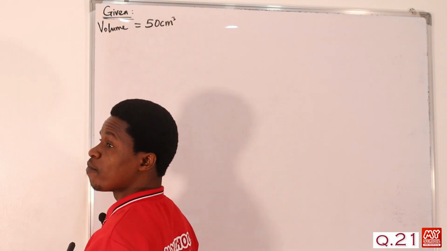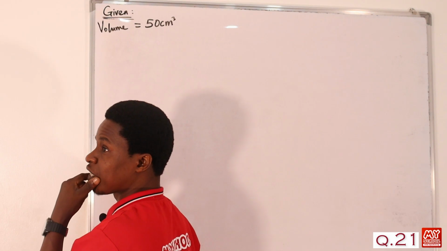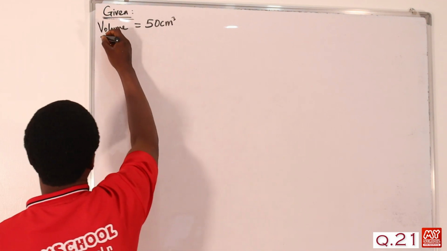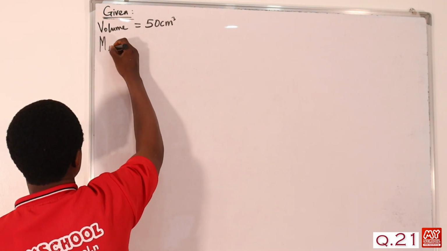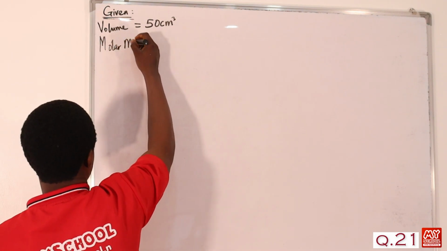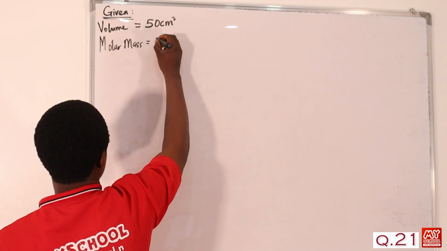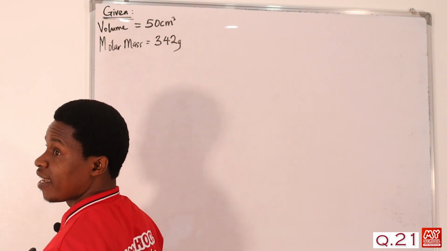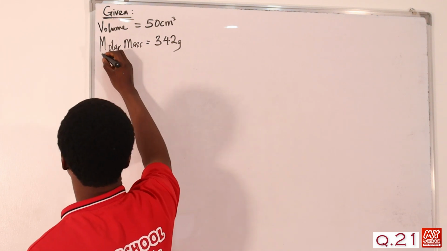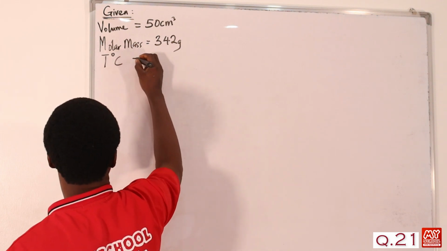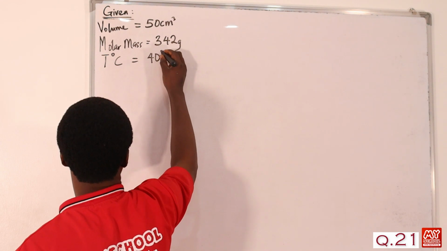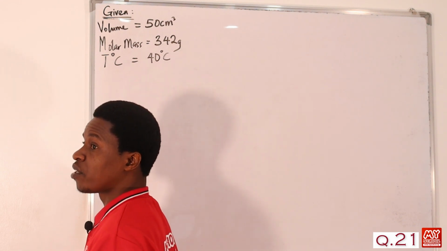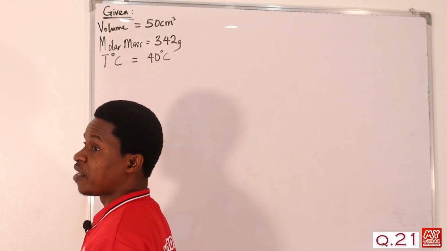Of sugar of molar mass 342. So we have molar mass of the sugar equal to 342 gram, at 40 degrees Celsius. So the temperature is given at 40 degrees Celsius. Please take note, solubility takes place at a specific temperature; temperature is a factor.